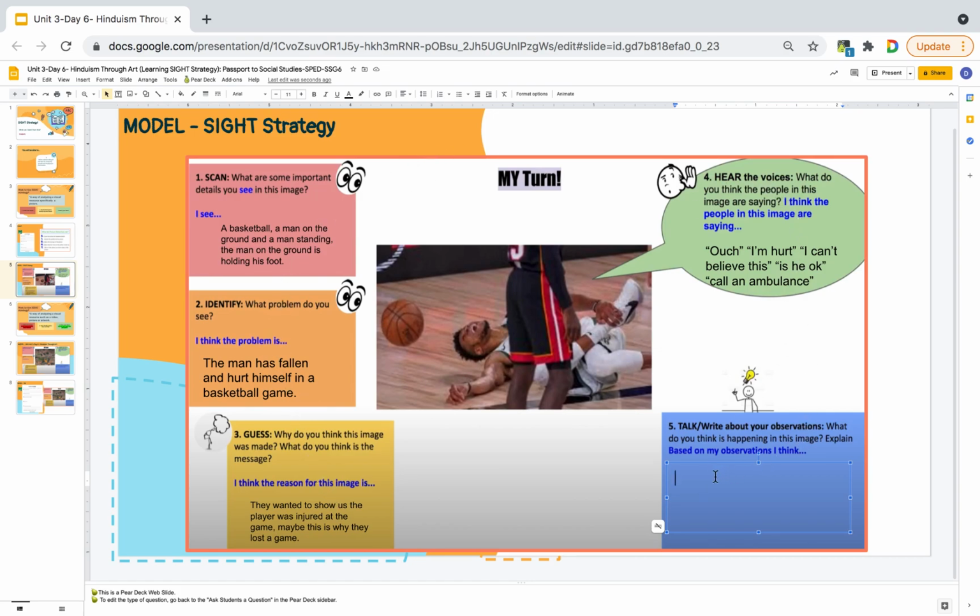So based on my observations, I think a player was hurt at a game and they probably lost this game because of this. Now, I don't know if that's true, but this is just an observation that I've made, and now I am making an educated guess based on what I have seen. And this is how we use the SIGHT strategy.